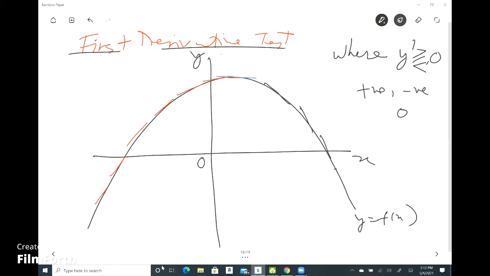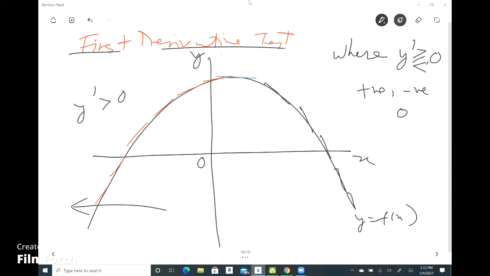All right. Now, on the left side of the curve, what can you say about the derivative? What can you say about the slope at each of the points? Positive. Okay, the y prime is positive. You see the slope of the straight line is positive. So here you see y prime is positive.